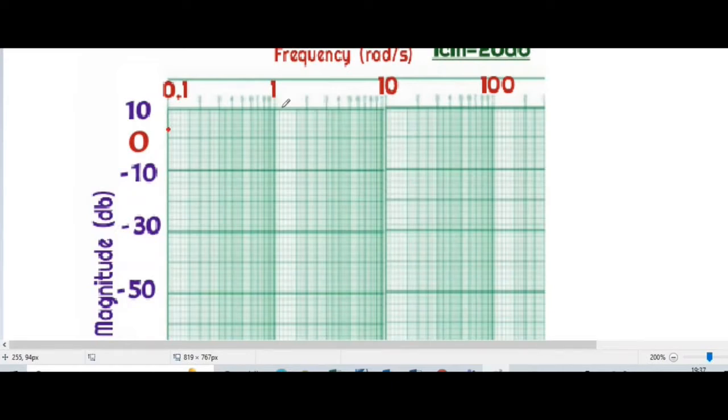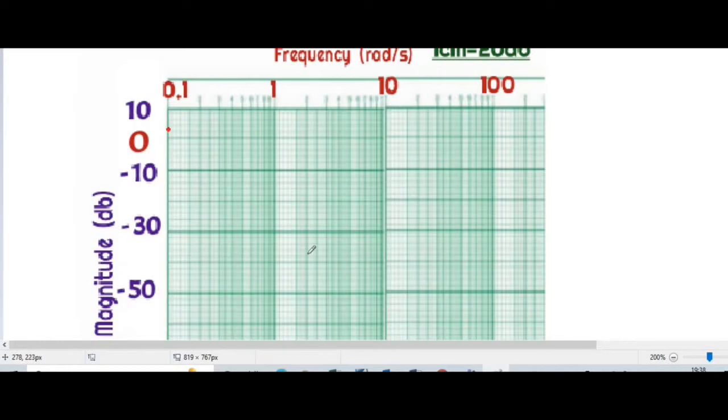Then we will move to the next. What is the next corner frequency? The next corner frequency is 2, and the magnitude is minus 22.5. The second line in the range of 1 represents corner frequency 2.